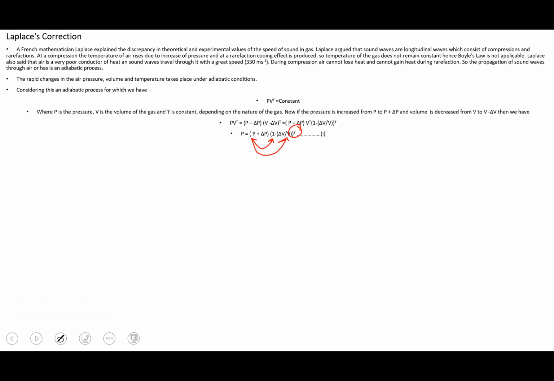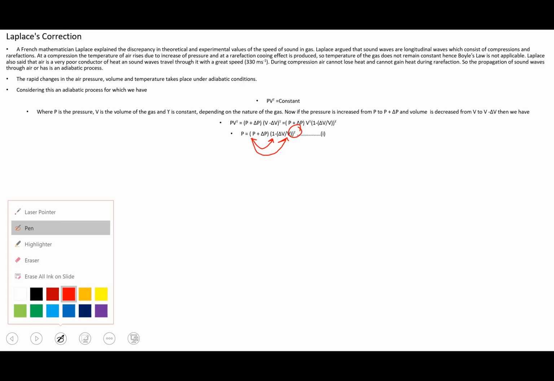So for that, we have to use a simplified version of the binomial theorem, so that we only understand those things that are very necessary for our derivation. We apply the binomial theorem, neglecting the squares and higher powers of delta V over V. So we are applying the binomial theorem. What do we get? This will now be written as P is equal to (P plus delta P) into (1 minus gamma delta V divided by V).